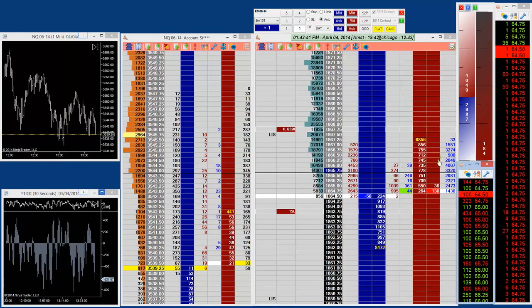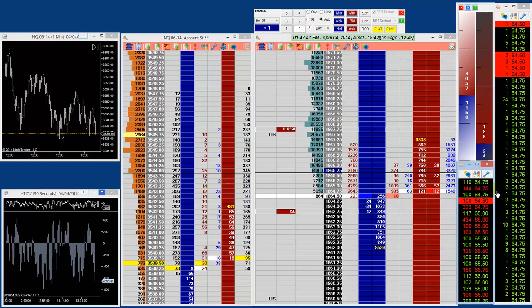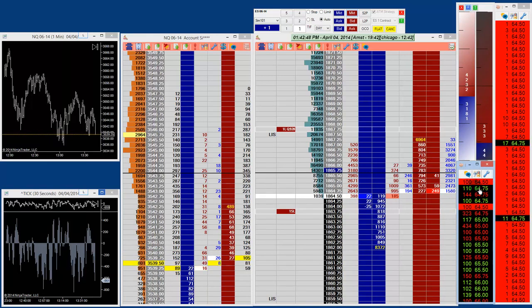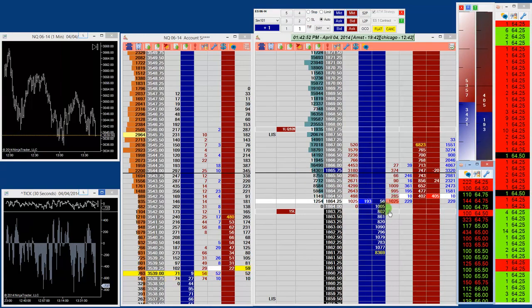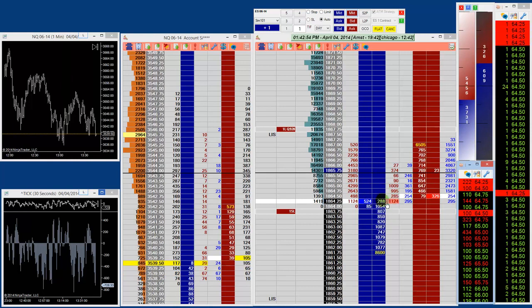So right now, I think it's fairly safe to say the buyers are having a go, but they're not getting anywhere. We're getting to the point where we should really have already stopped out.